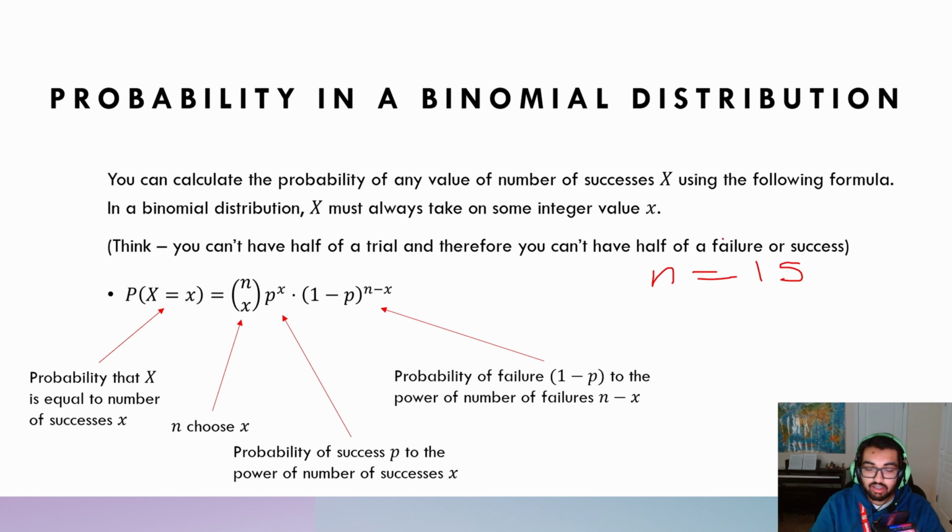That's my number of tries. I have 15 tries to hit a kid. And the probability that I hit a kid is 70%. I have pretty good aim. So the probability that I hit a kid is 0.7.